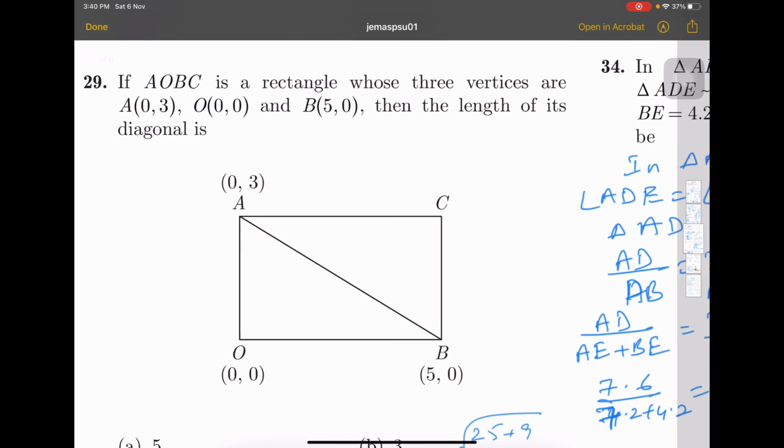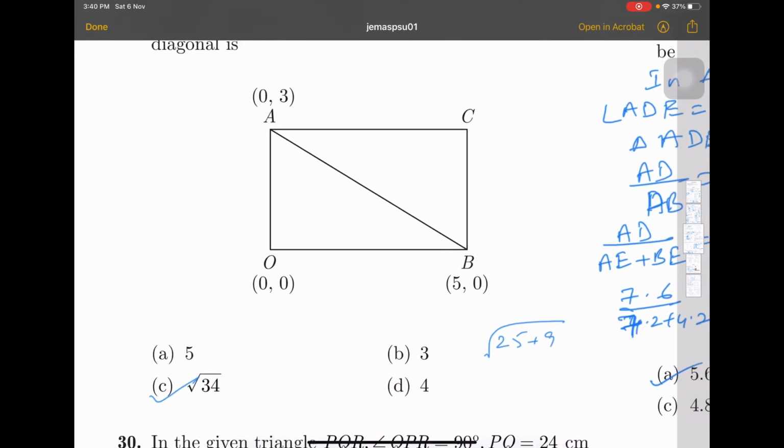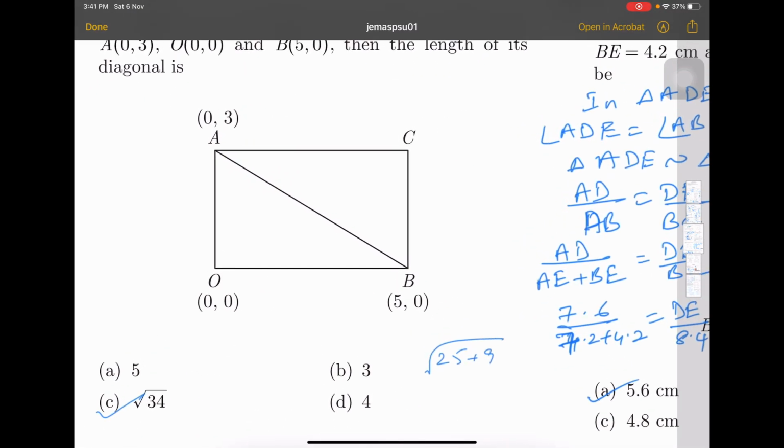29th one we have, if AOBC is a rectangle whose three vertices are A(0,3), then O(0,0) and B(5,0), then the length of its diagonal is. So the length of the diagonal, directly you can use x2 minus x1 whole square plus y2 minus y1 whole square.